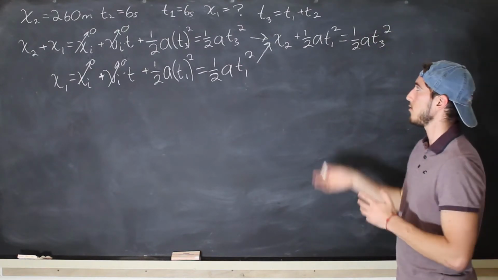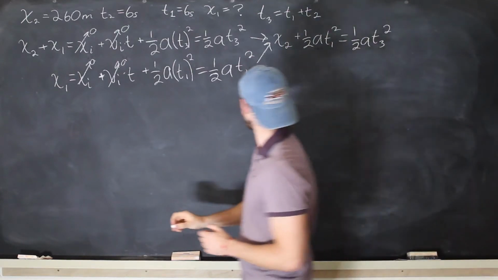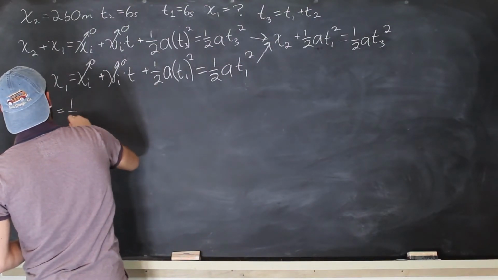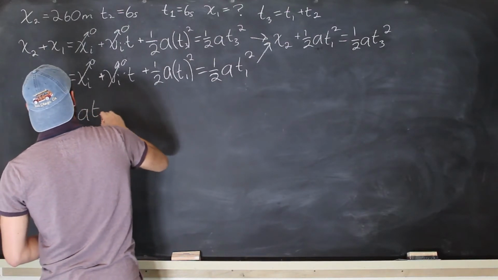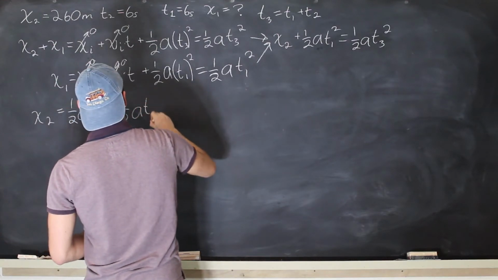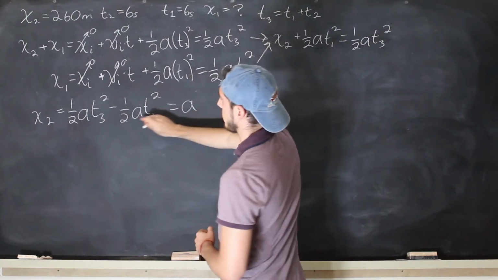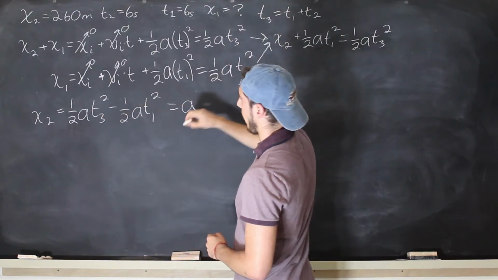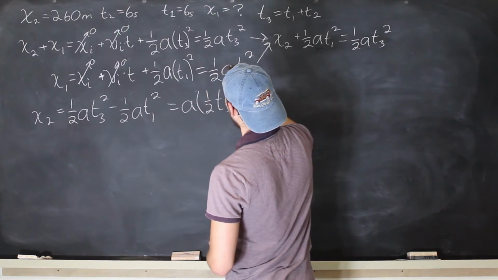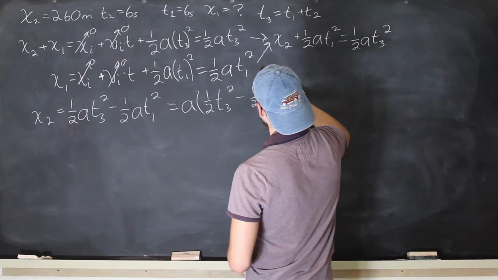Now all that's left to do is some algebra. We want to get a alone, so we're going to move that over. So x2 is equal to 1/2 a time 3 squared minus 1/2 a time 1 squared, which is going to be equal to a, since they're in both terms, we can take it out, a times 1/2 time 3 squared minus 1/2 time 1 squared.